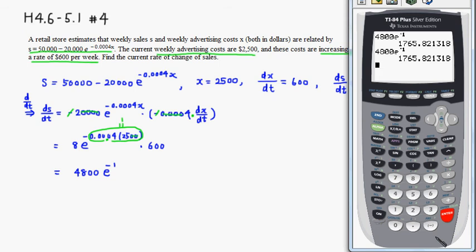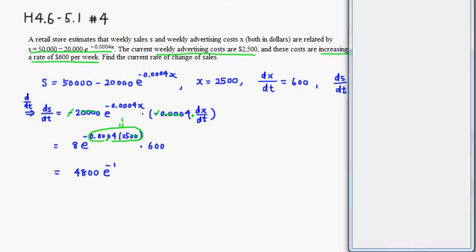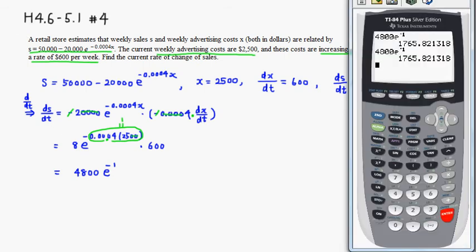So we got 1,765, so the value is $1,765.82. Let's type it in.